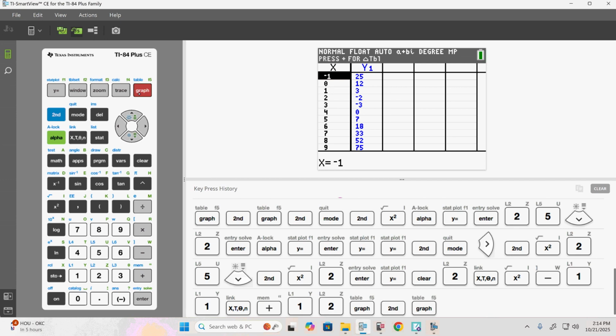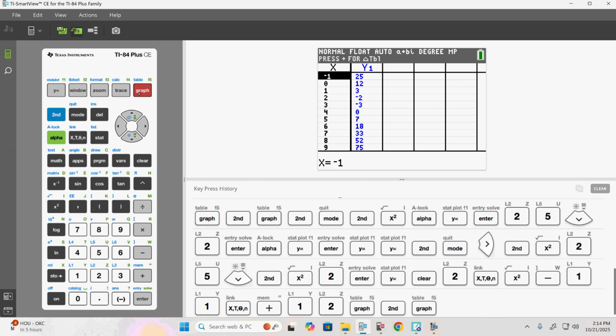Yes? Now, in the table, we'll talk about this more later. They have something called the intermediate value theorem. Sounds complicated, sounds like there's a lot to it. What it says is, between 2 points, if the y value goes from positive to negative, or negative to positive, the only way it could have done that is if it crossed the x-axis, because at the x-axis, the y value is 0.